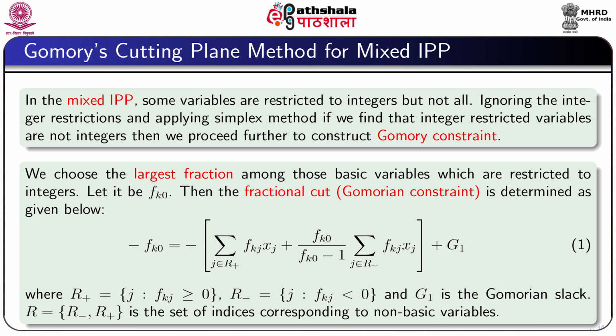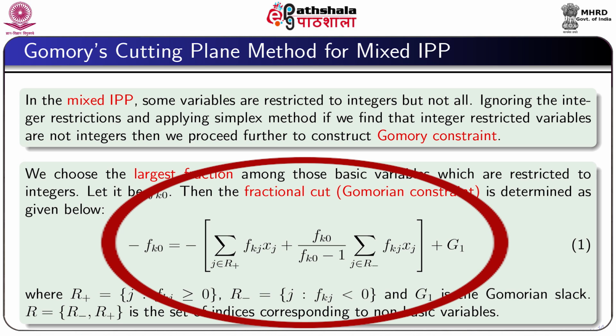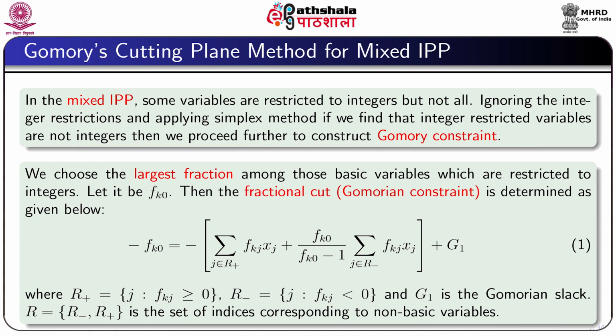We choose the largest fraction among those basic variables which are restricted to integers. Let it be f k 0, then the fractional cut, that is Gomorian constraint, is defined as given below. Minus f k 0 equal to minus summation f k j x j, where j belongs to R plus, f k 0 by f k 0 minus 1 summation f k j x j, where j belongs to R minus, plus g 1.